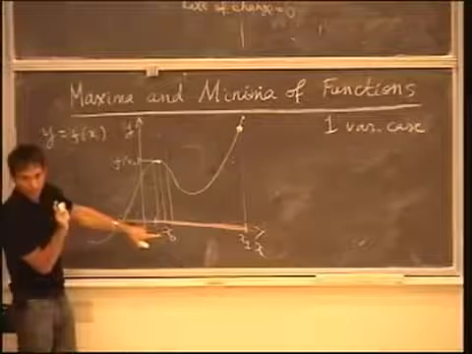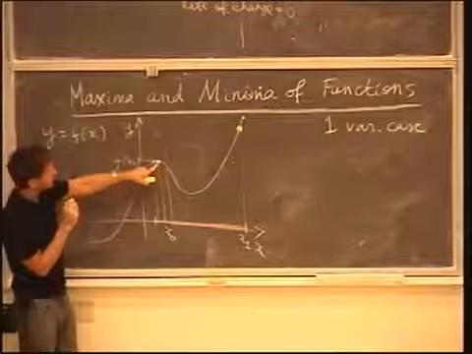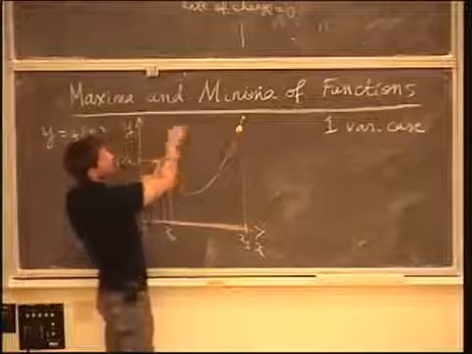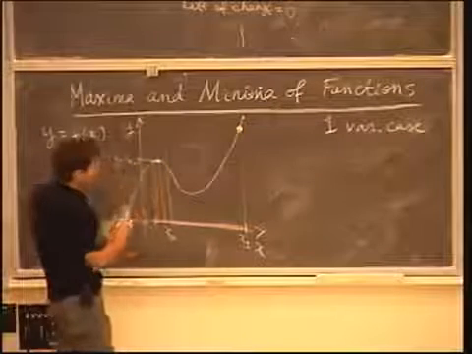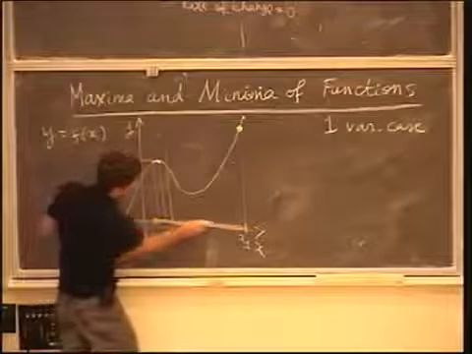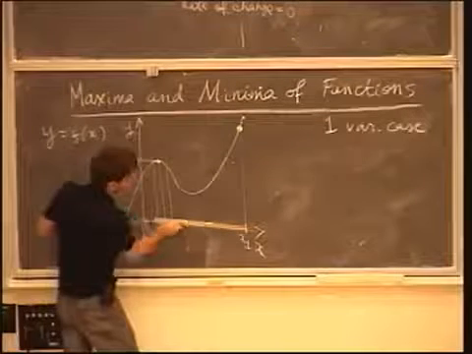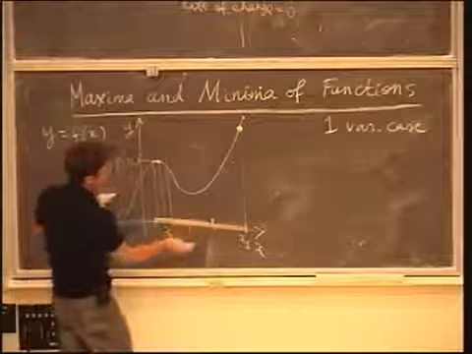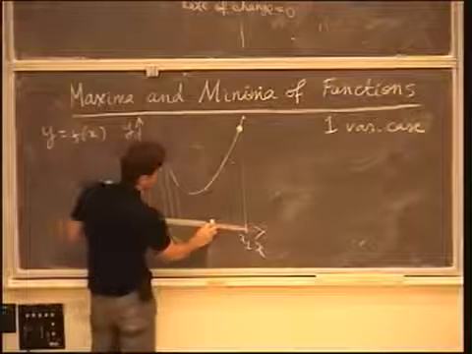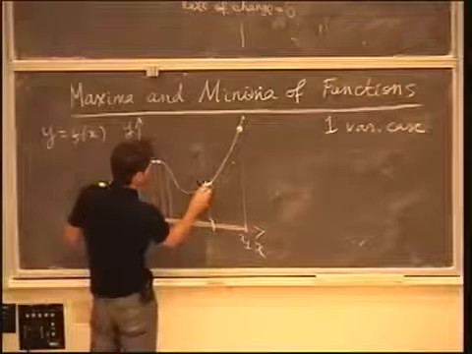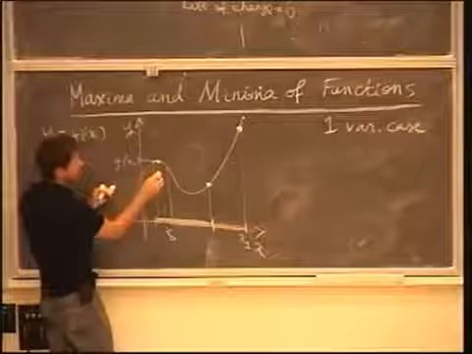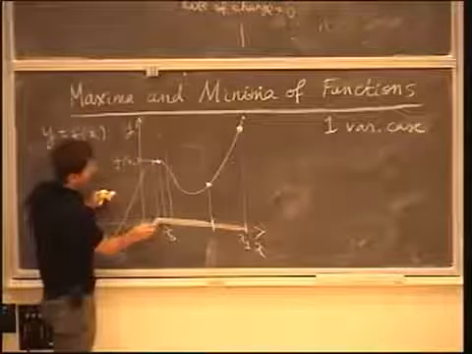But it's not a global maximum on this interval because the value of this function at the boundary is just bigger. But if I were to take a different interval, like this, for example, then this guy would win, because at the boundary the value would be smaller.